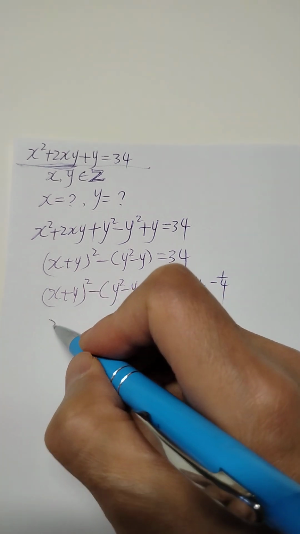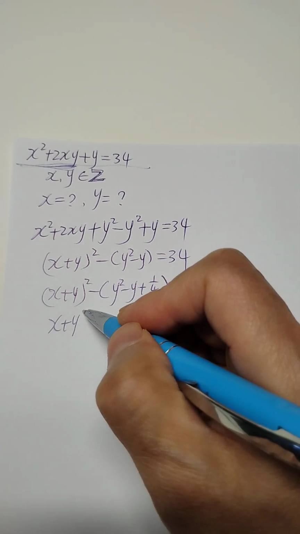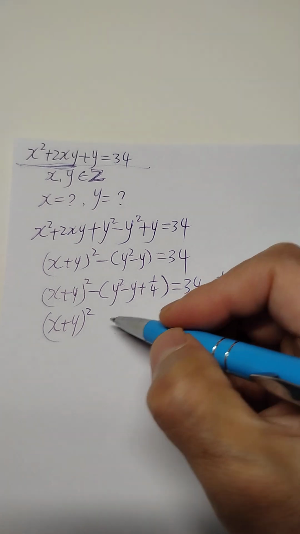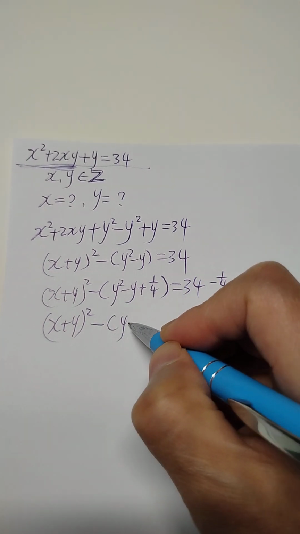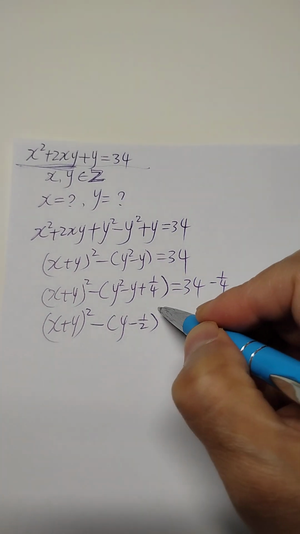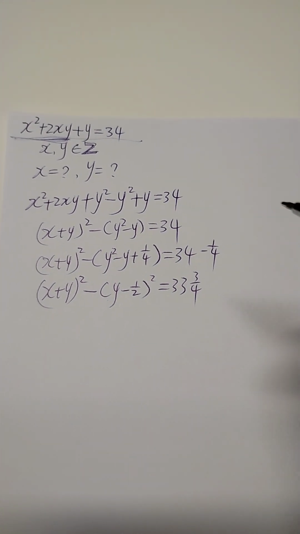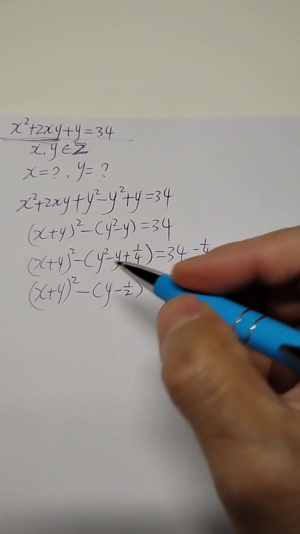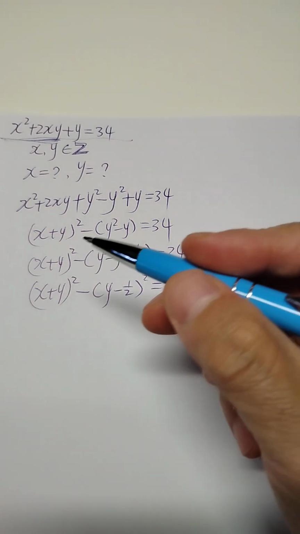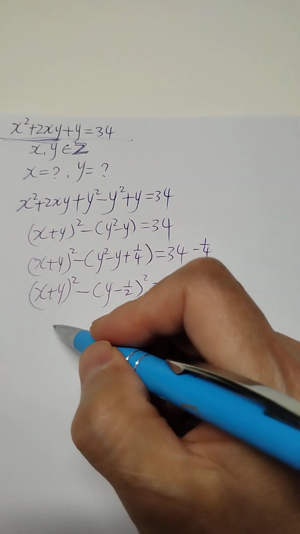And then we have (x plus y) squared minus (y minus 1/2) squared equal to this. So the left side is a difference of squares.